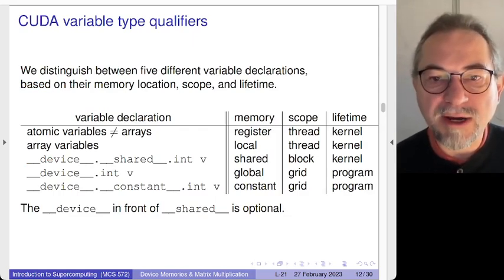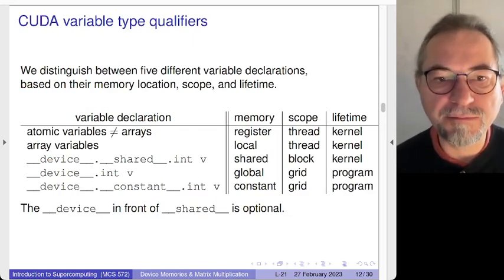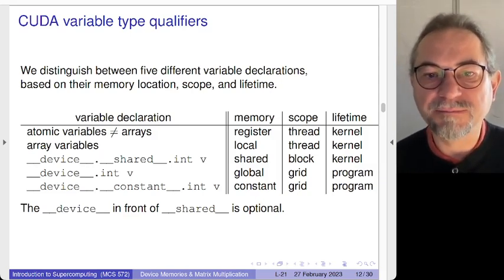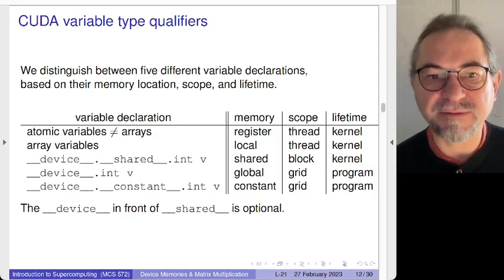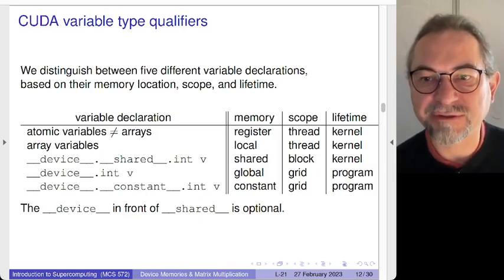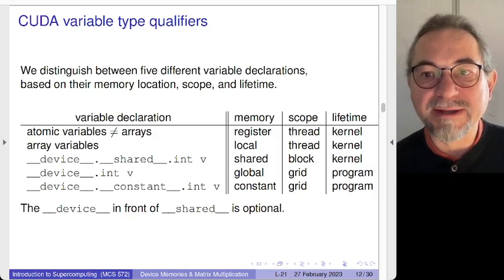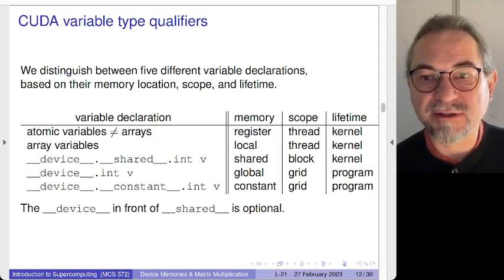As a programmer, you make the difference between atomic variables and array variables. In general, as programmers, we have elementary data types and composite data types. It's important that only atomic variables can ever get into a register.